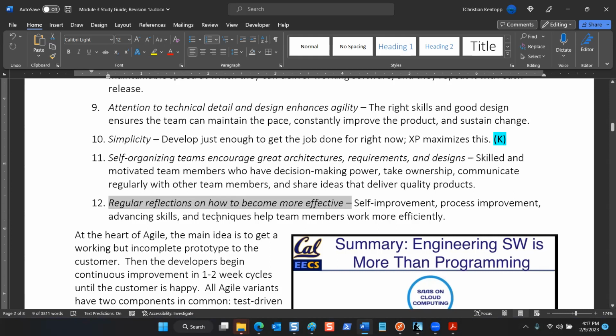Regular reflections on how to become more effective. You have to communicate. If you are a reclusive, self-important nerd, and I'm sorry, that's a terrible stereotype, but let me repeat it again. If you are a reclusive, self-important, God's gift to coding kind of nerd, this is a painful career path.